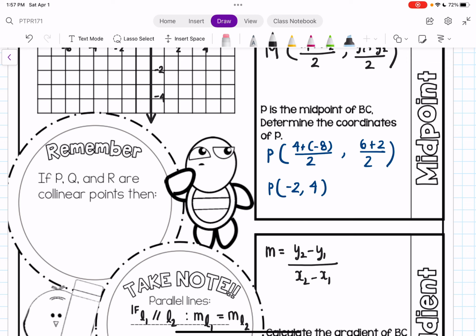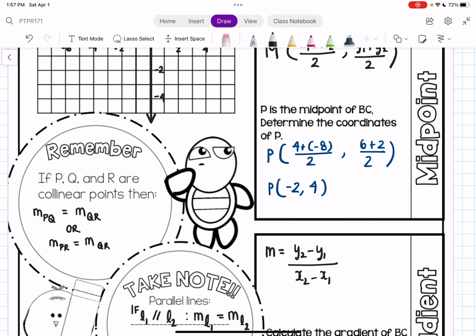But for three points, what you want to do is test if the gradient between one pair is equal to the gradient between another pair. So you could test m_PQ equals m_PR, or you could test PR and QR.